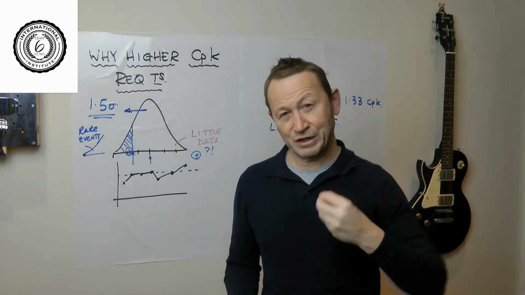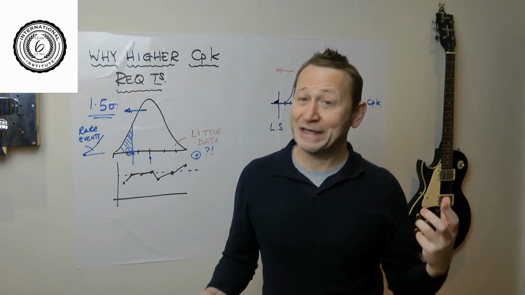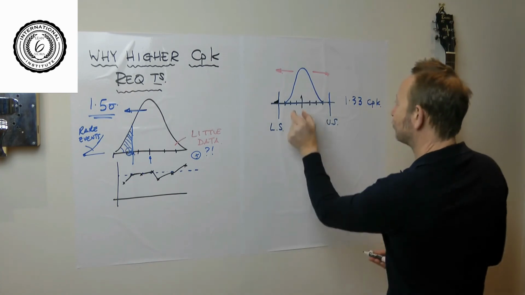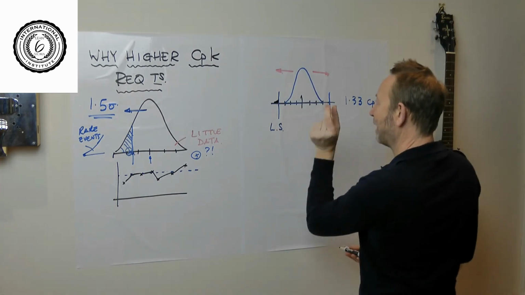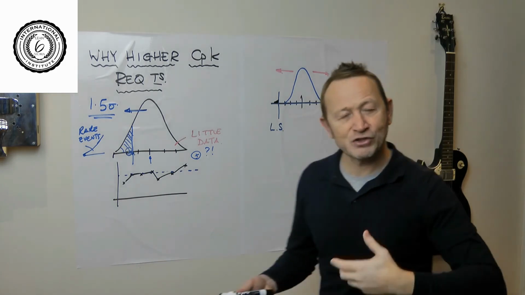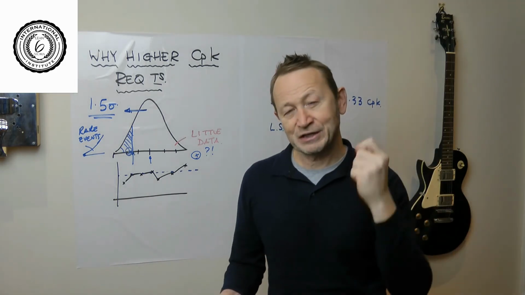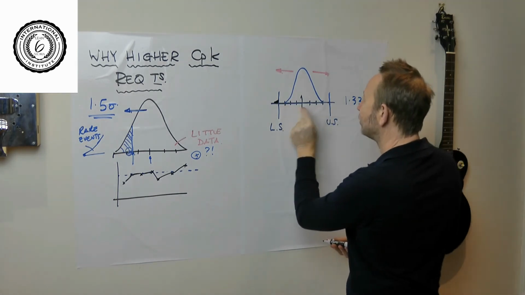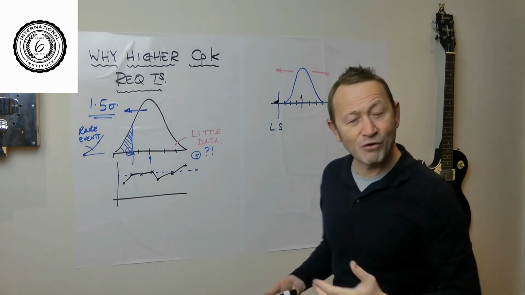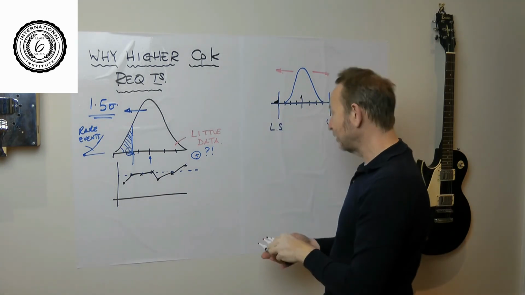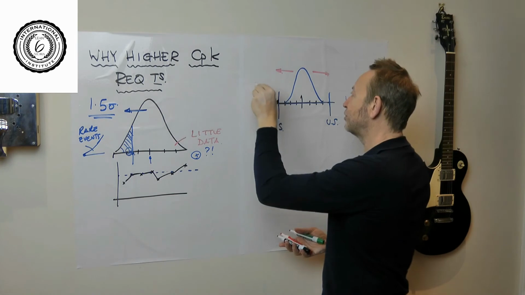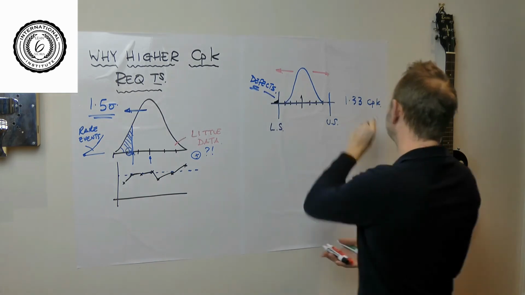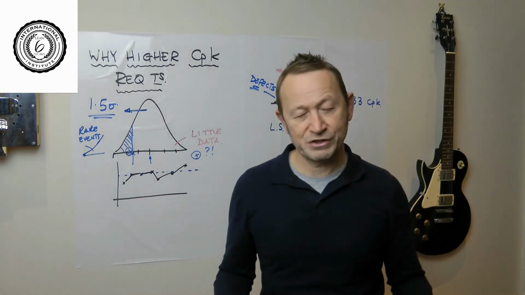It's going to be producing quite a lot of defects before we even see that we've got a problem. Because of course the sigma here is quite large as well. Bear in mind, it's moving 1.5 sigmas. It's not moving by a unit of scale. It's moving by 1.5 standard deviations. So these standard deviations are quite large, and when it moves, it's going to move a long way before we see it. This tail is going to be producing defects if you've only asked for a 1.33 CPK.